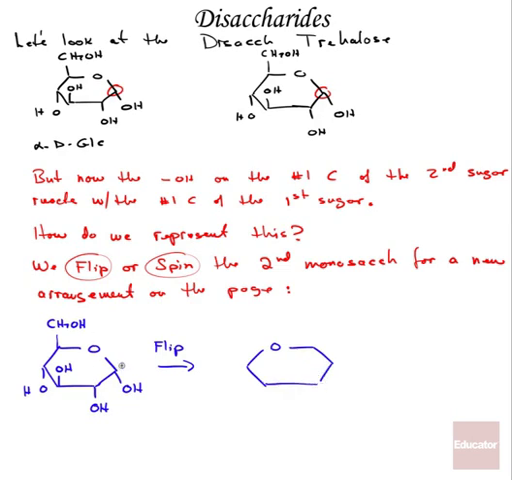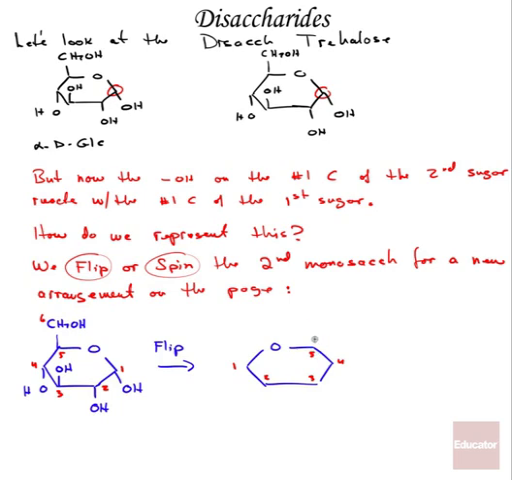Now, what used to be, let me number these, in red: 1, 2, 3, 4, 5, 6. Now what you have is, I've flipped it, so now it's 1, 2, 3, 4, 5.